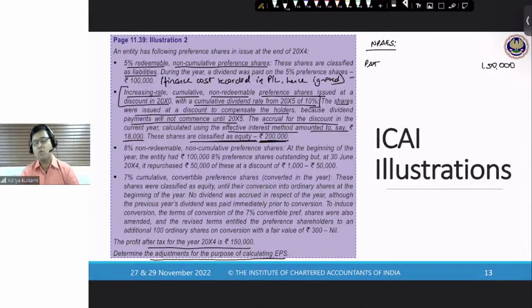Because this discount would have gone in retained earnings or components of equity, and it would not be reflected in the profit, and therefore we have to bring in the profit, because ultimately this money is taken from the share of the equity shareholder. So less discount amortization, 18,000.